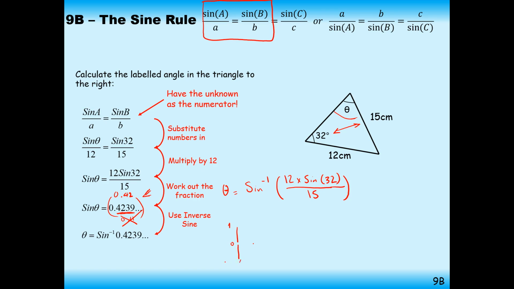Later when we check out the graphs for sine, those decimal places tell you a lot about how far up the function you are. The sine curve looks something like so, and if you give your calculator a value slightly less or slightly more, you're going to end up a long way out. You're going to have a big difference in your answers.